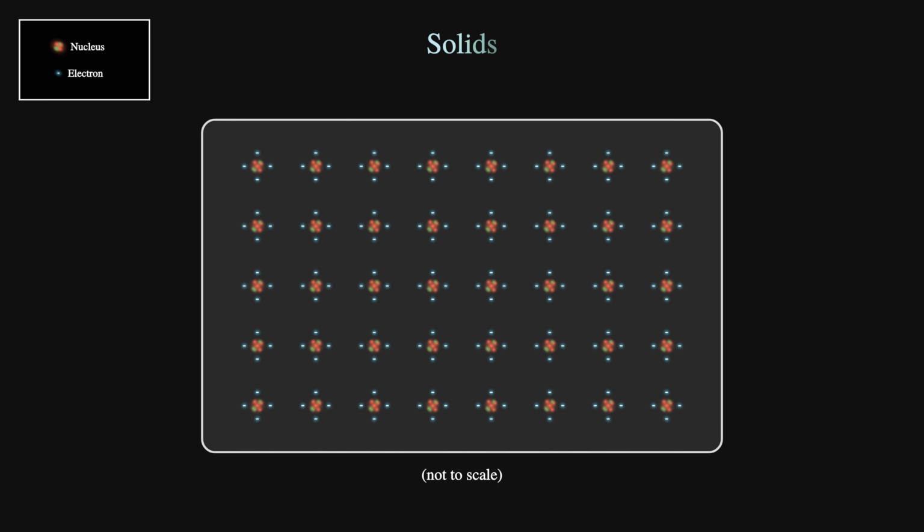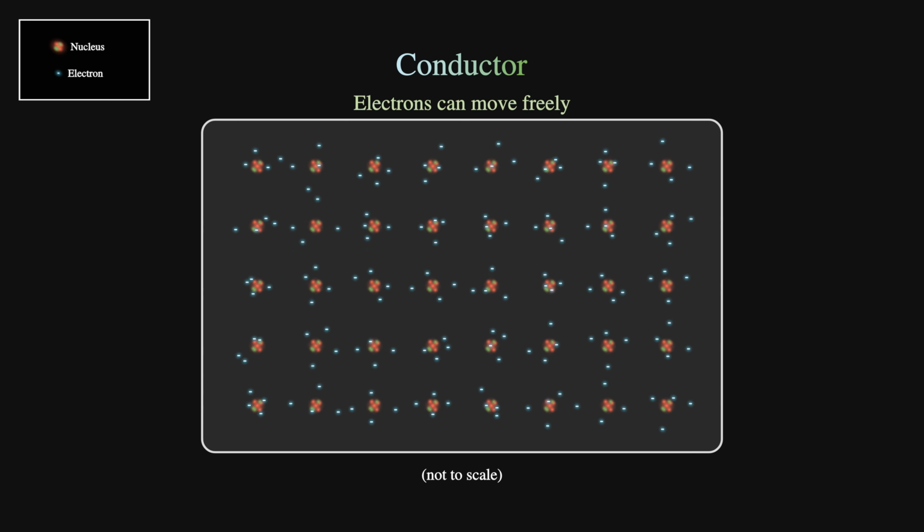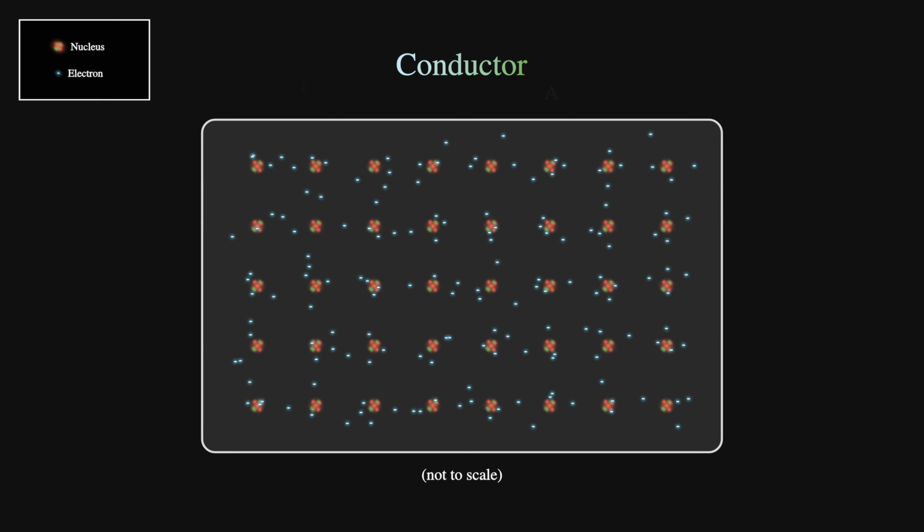Let's look a little closer at some everyday solid materials. Even if a material is a solid, the electrons within it are not necessarily restricted from moving around. Some solids, known as insulators, don't allow electrons to move freely, while others, known as conductors, do. Most electronic devices are made primarily from conductors, where charges are free to move.